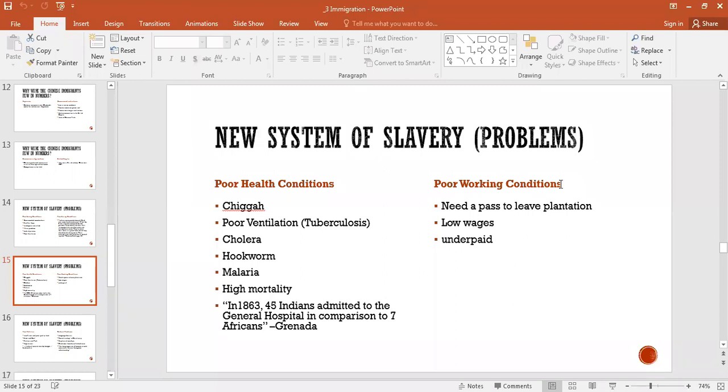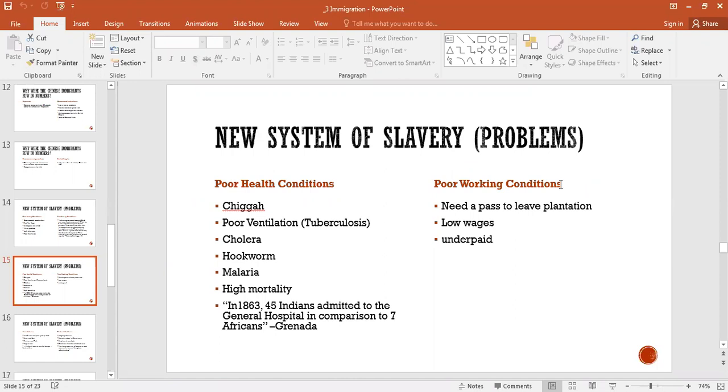But right now, they don't want to pay them the one shilling. In fact, they want to pay them three shillings for the week. And there are times when they don't pay them at all. So they work for two to three weeks, and the immigrants don't receive any money.